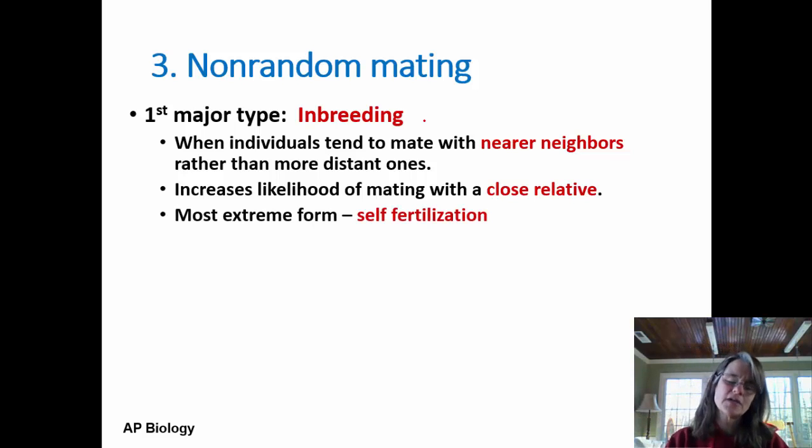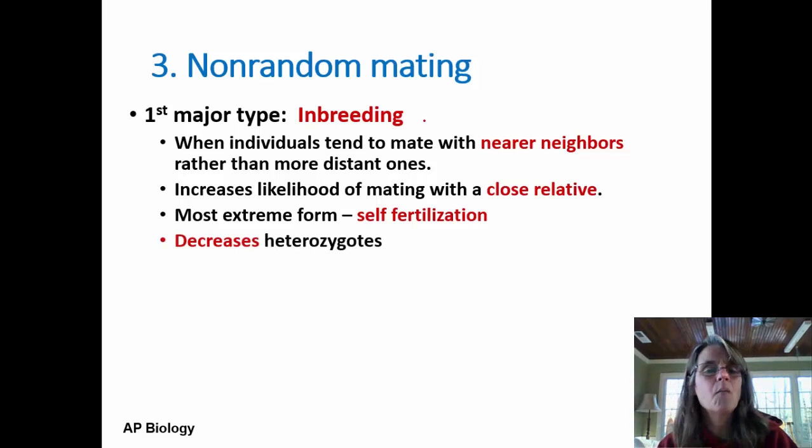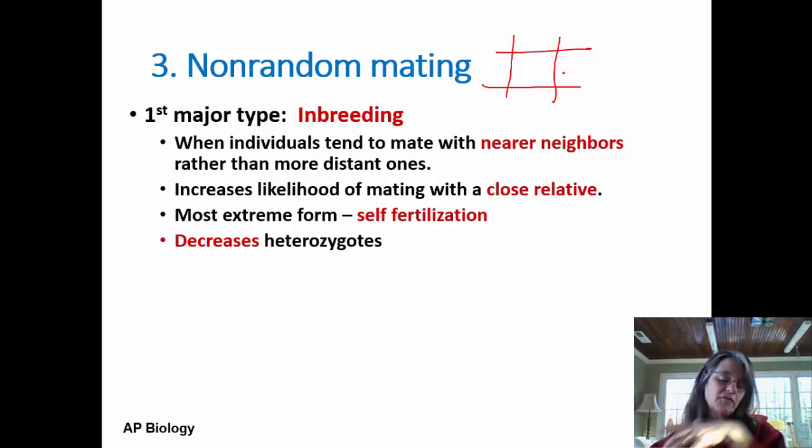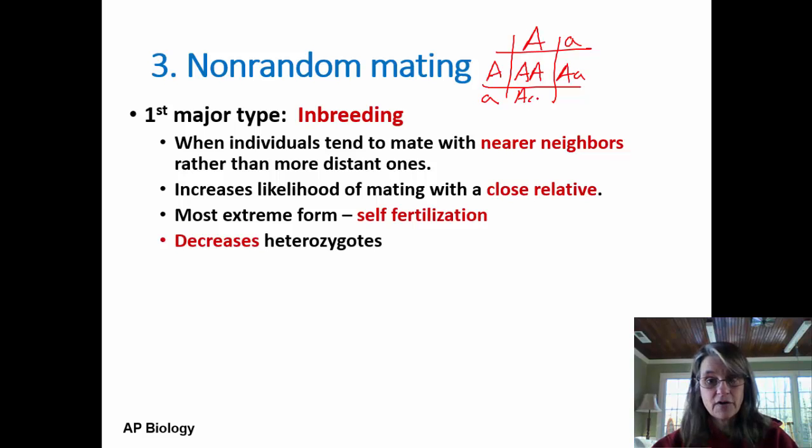The most extreme form of inbreeding, of course, would be self-fertilization, like we've already seen in Mendel's pea plants. What inbreeding tends to do is decrease the number of heterozygotes. Why? Well, you can imagine a population full of heterozygotes, and heterozygotes breed. When these heterozygotes breed, at least half of their offspring are not going to be heterozygous anymore.